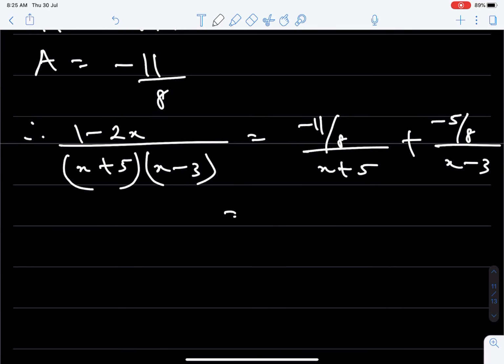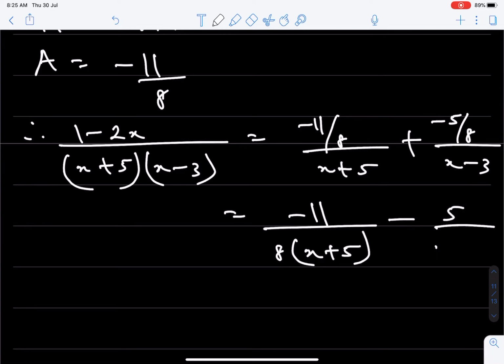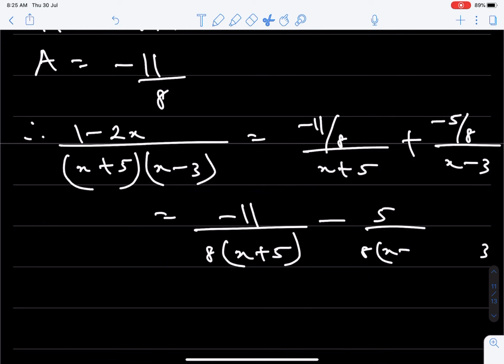And this is the same as minus 11 over 8 times x plus 5, and then minus 5 over 8 times x minus 3. And that's the final answer, simply.